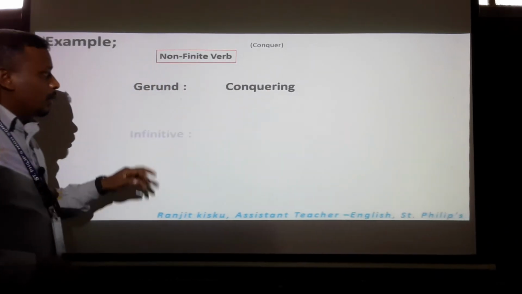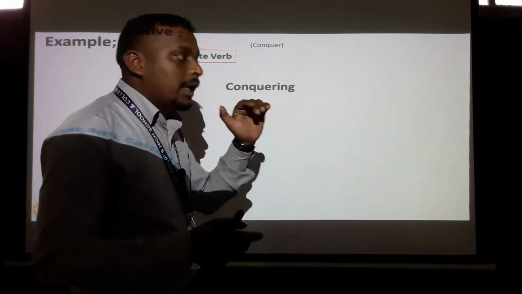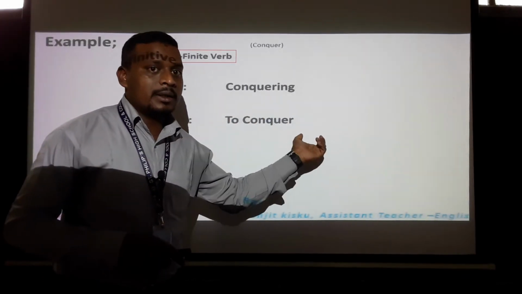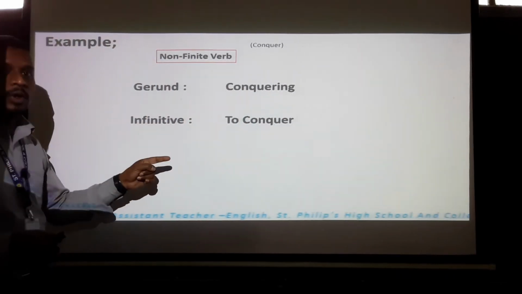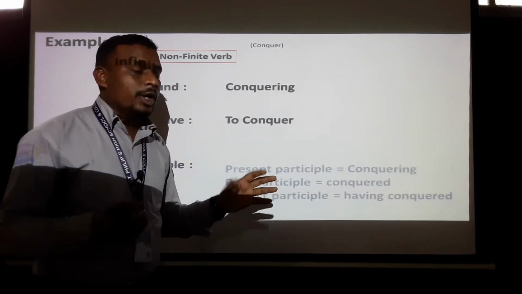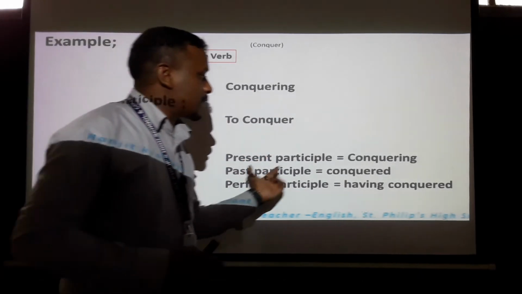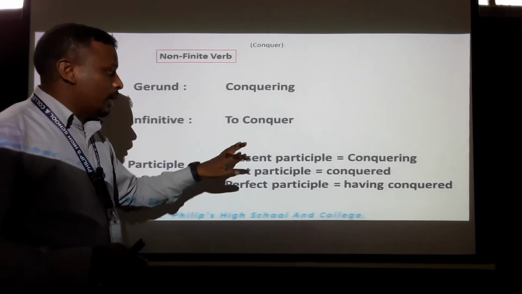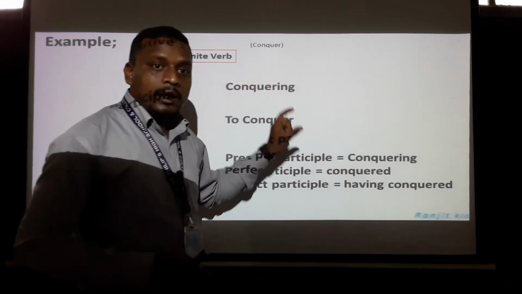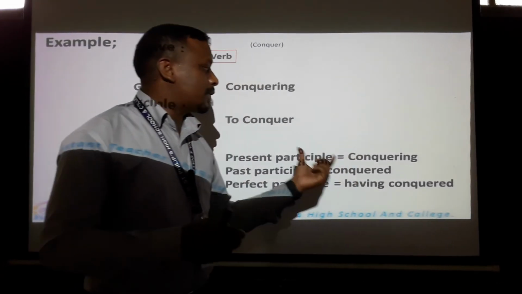Got it? Now we'll see the infinitive. Infinitive mood means what? Just add to at the beginning of a finite verb. Then it will be converted into the infinitive mood. Got it? Then let's see the participle. So dear learners, we know that we have 3 types of participles: present participle, past participle and perfect participle, as you know. Got it? So in the present participle, the verb is like this. In the past participle, the verb is in past participle form.